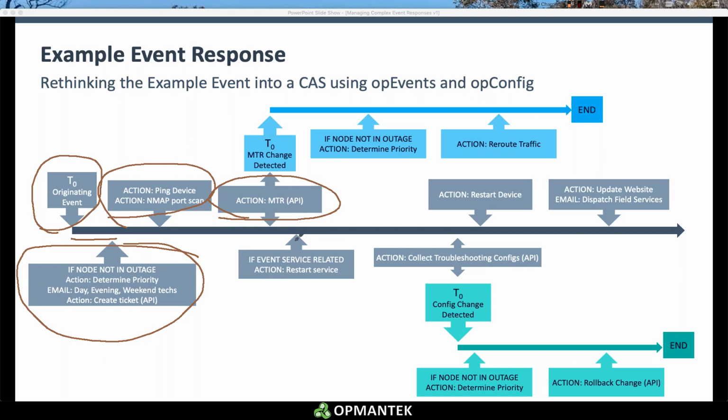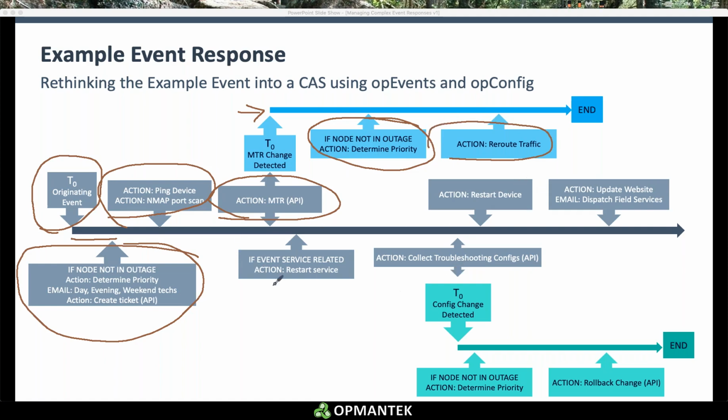So it's coming up with all of the hops between the polling server and that device, and it's going to compare that and start an entirely new route of escalations and logic as it moves forward. If a change in the routing, if a change in the number of hops has been noted, then it's going to follow this path. It's going to, again, adjust the priority of the device, and it may reroute traffic.